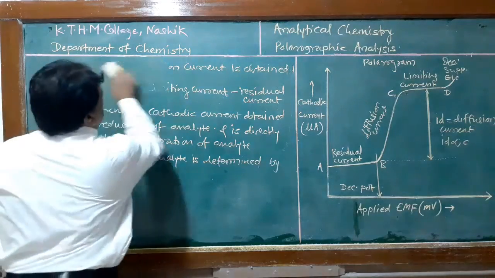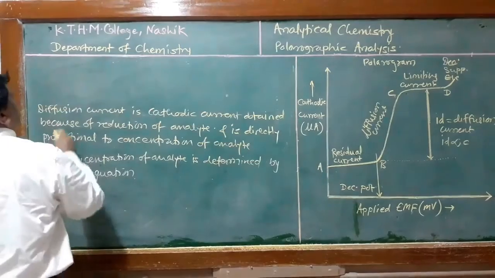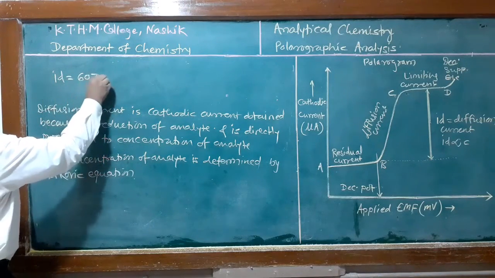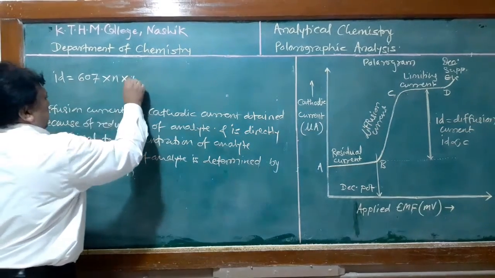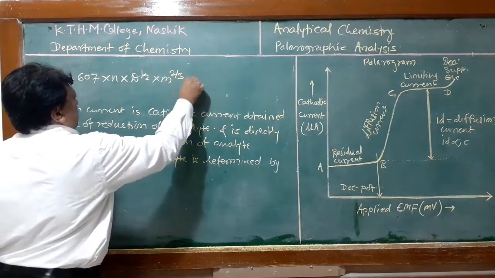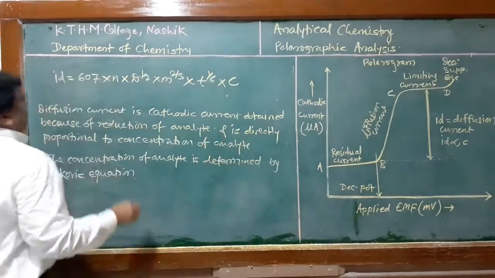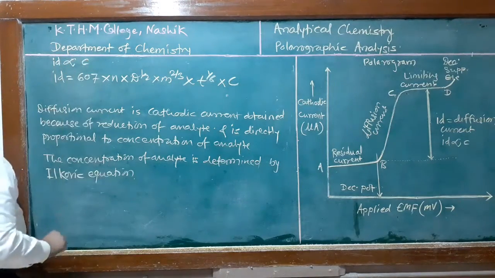Therefore, ID, the diffusion current, is equal to 607 into n into D raised to half into m raised to 2/3 into t raised to 1/6 into C. In this case, ID is directly proportional to C.